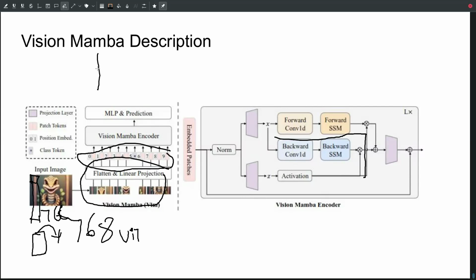Forward and backward scanning means that if you go in this way, this is forward, and if you go exactly in the opposite way, this is backward. From a coding point of view, you take this, reverse it, put it here, compute those operations and get the output back. You know what you get, right? What I'm saying?